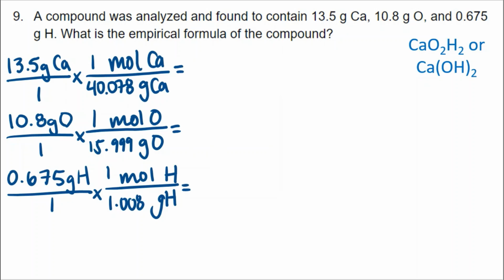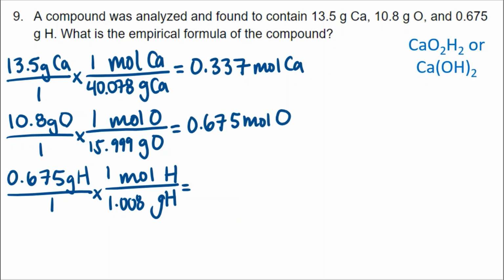So whenever we solve here, we're going to get moles of each of these compounds. So we're going to get 0.337 here, and that's moles of calcium. 10.8 divided by 15.999 is going to give us 0.675 moles of oxygen.